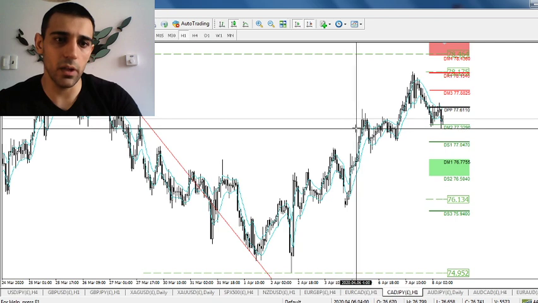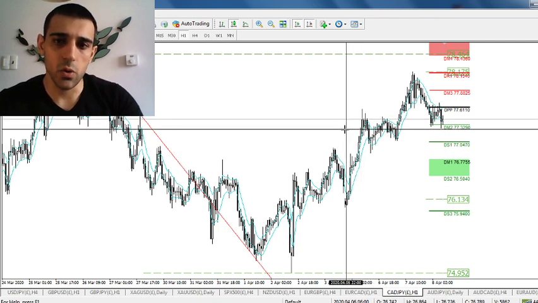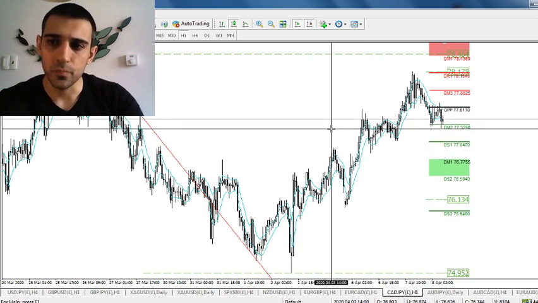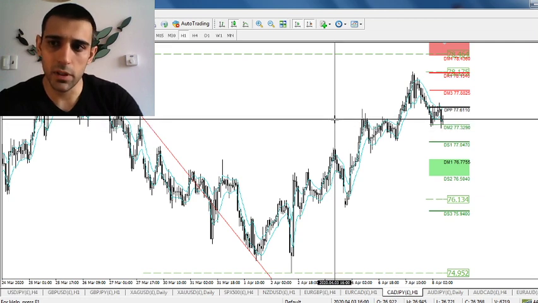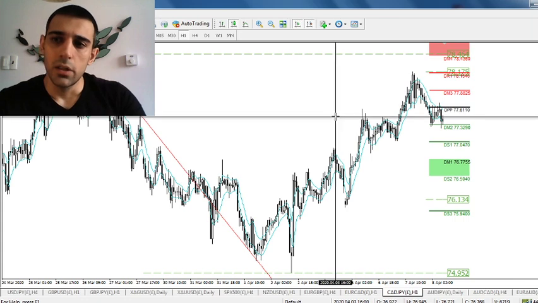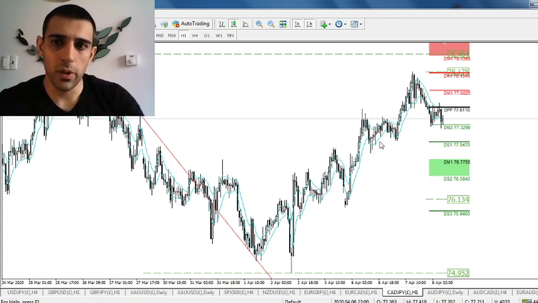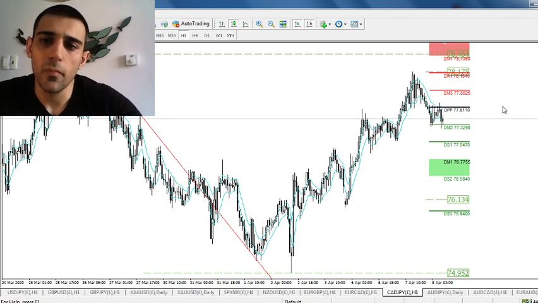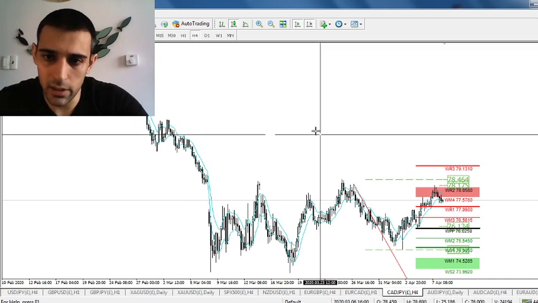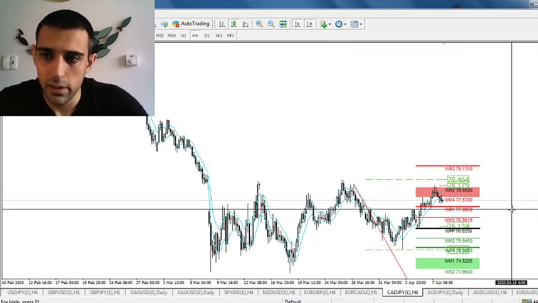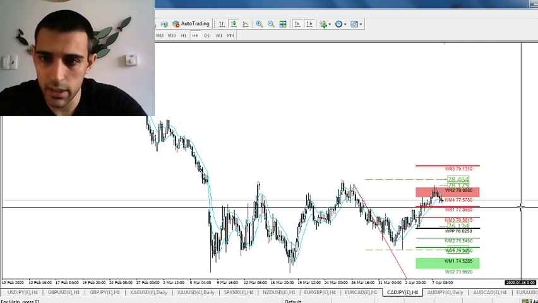77.26. If we get onto 77.25 for simplicity, you would be looking at about a 20 pip stop loss on that one. For the target, let's see what we can use.